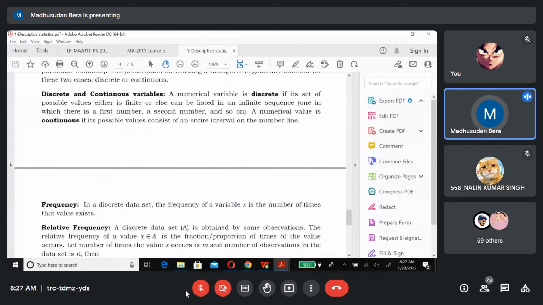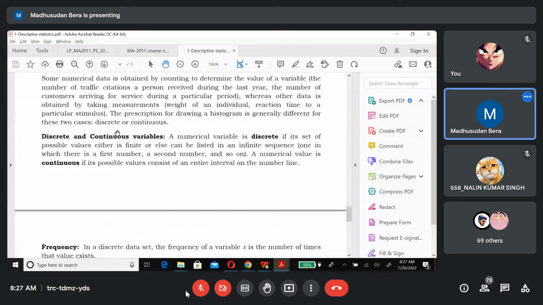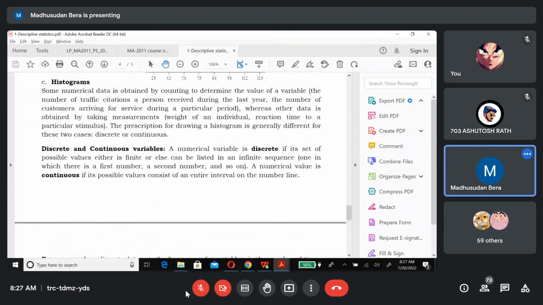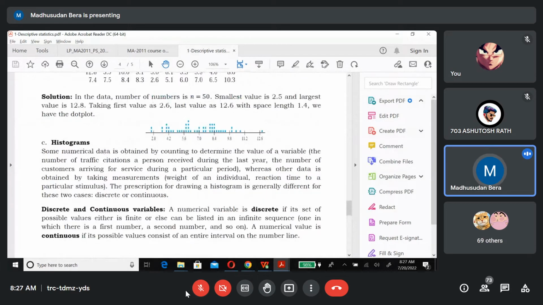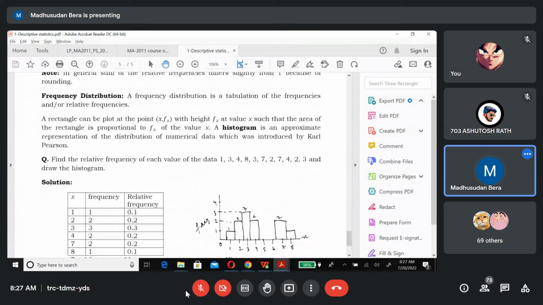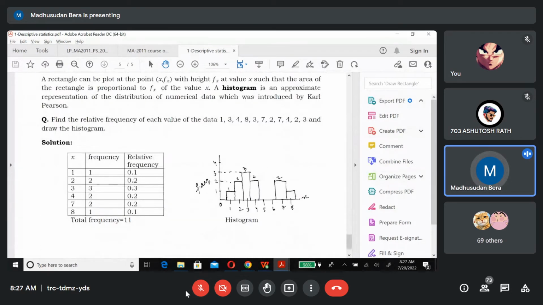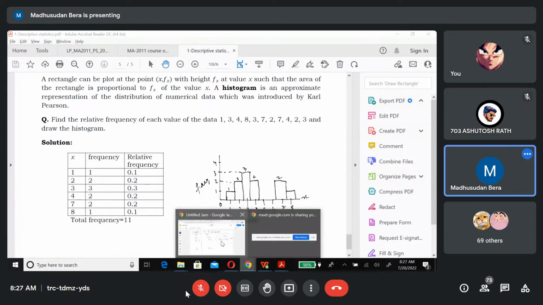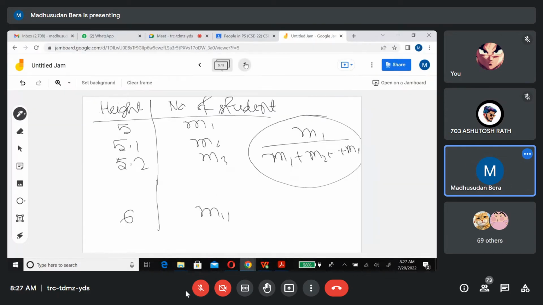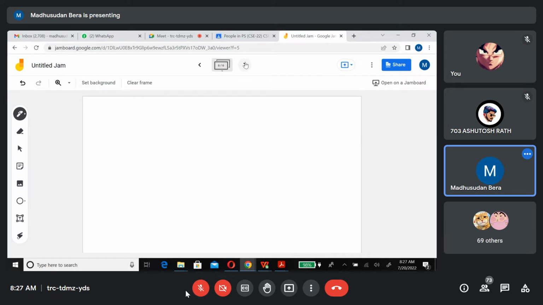Do you know what is a histogram? No, sir. Actually, plotting data this way, sometimes you have seen data written in this way. Suppose I write one example. Say there are 10 things.